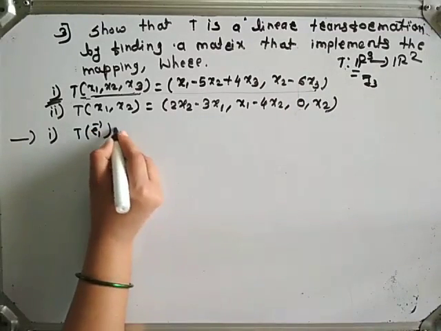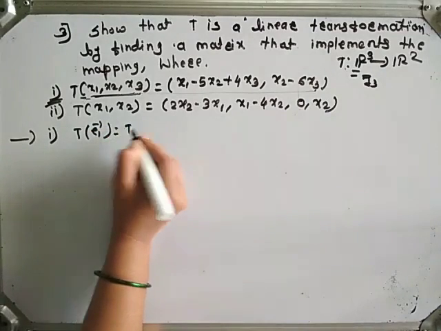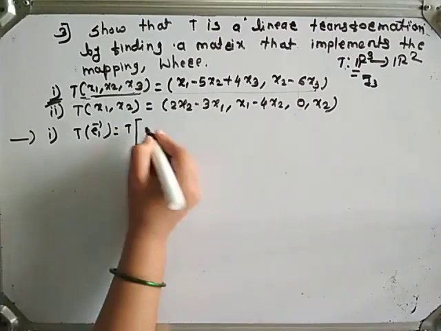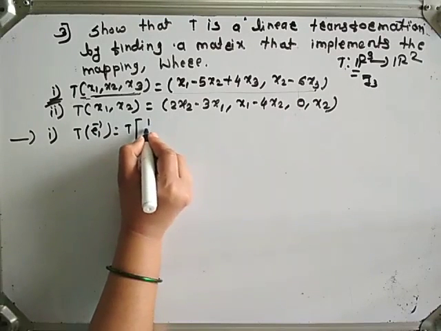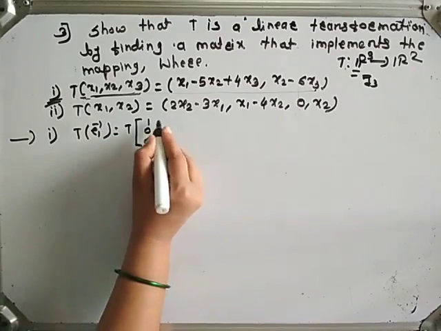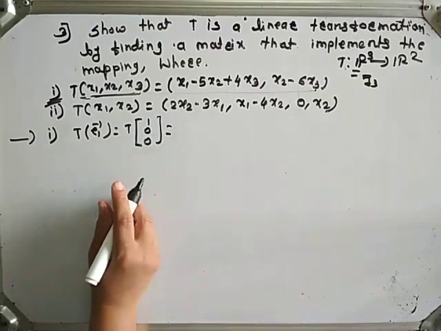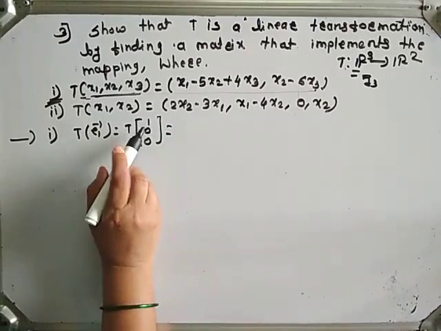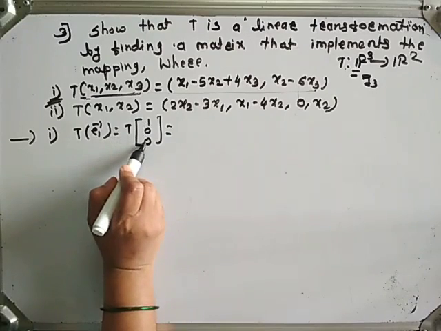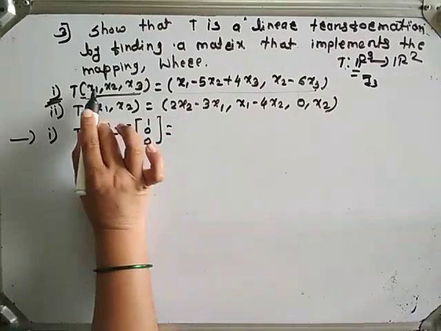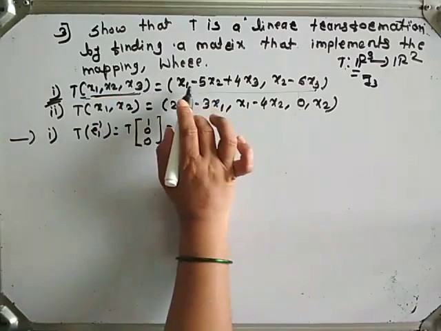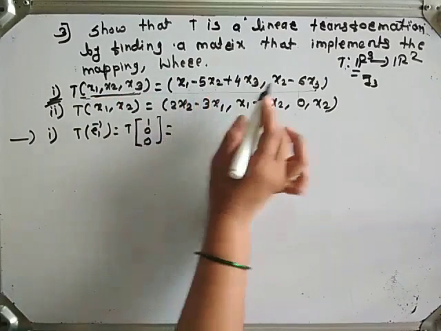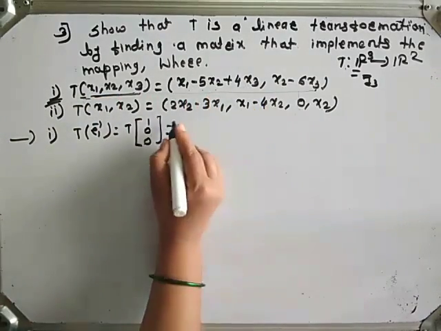T of E1 bar is equal to, what is E1 bar? T of E1 bar is T of (1, 0, 0), which is equal to, here this is x1, x2, x3. What is the linear transformation? T of x bar is equal to x1 minus 5x2 plus 4x3.